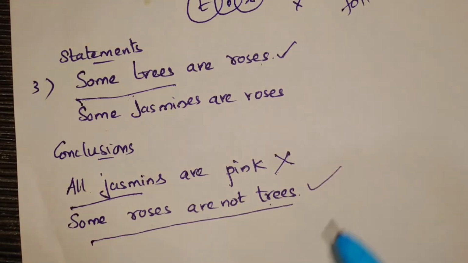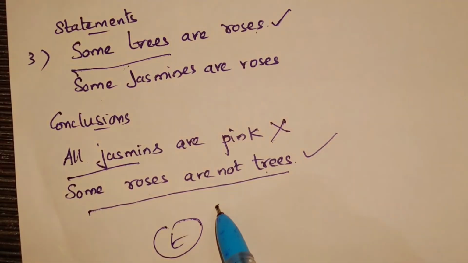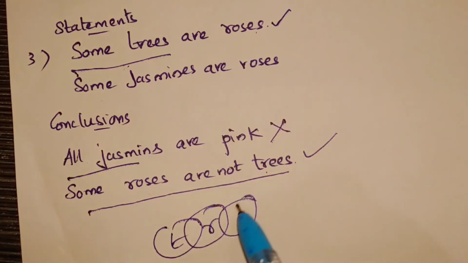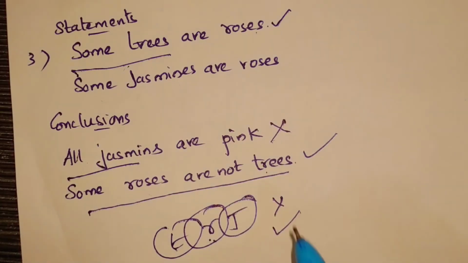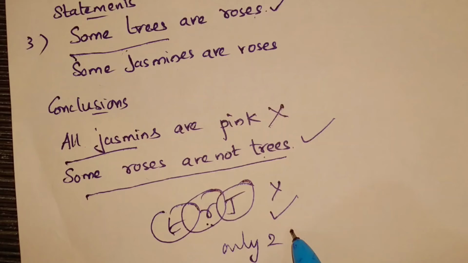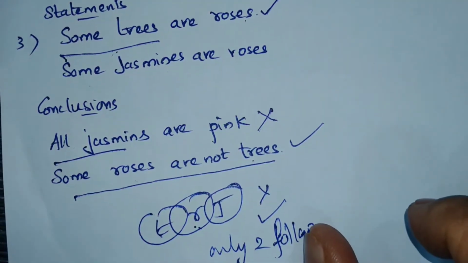Let us check: some trees are roses, some jasmines are roses. All the jasmines does not follow. Some roses are trees, some roses are not trees. So only two follows. We can tell without drawing the Venn diagram also, just by seeing the question.